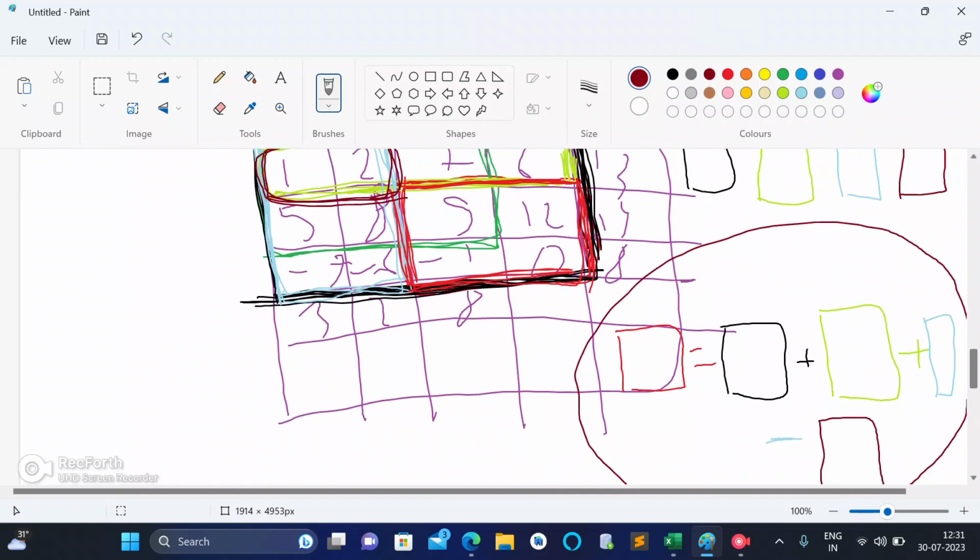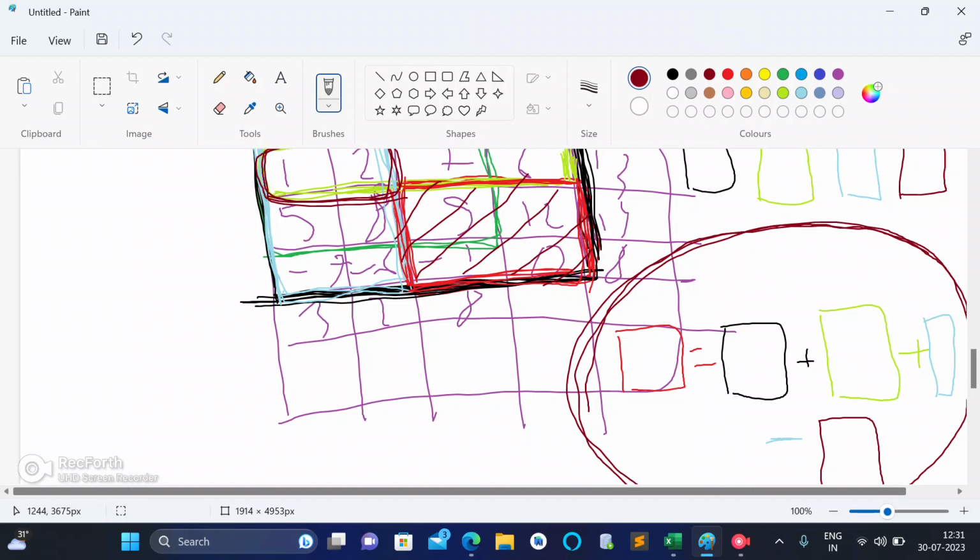Don't you think this should be our answer? The area of this red section must be equal to the sum of these three sections minus this section.